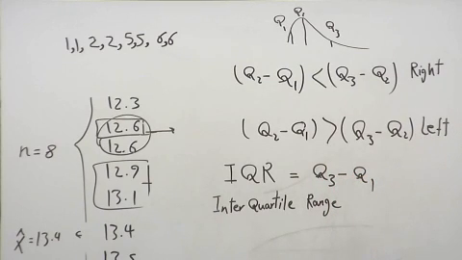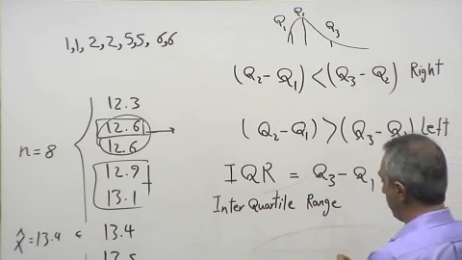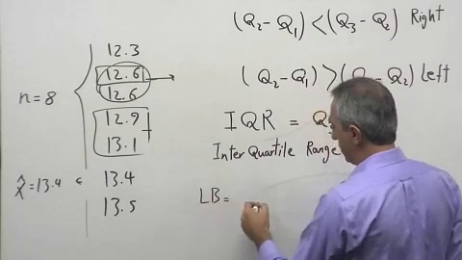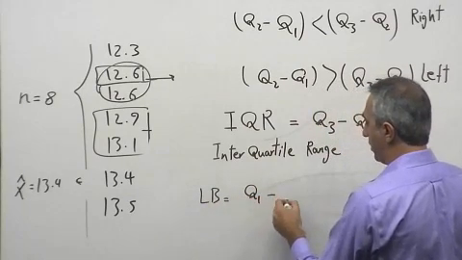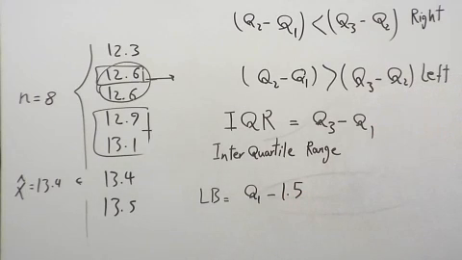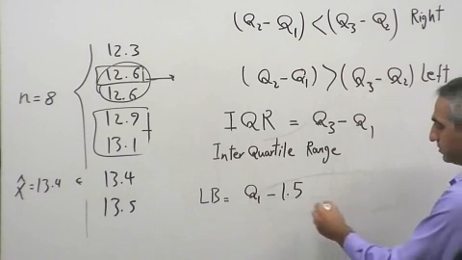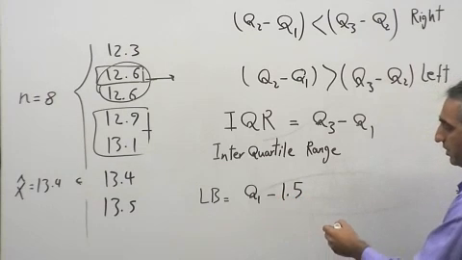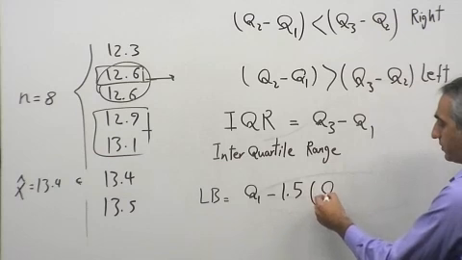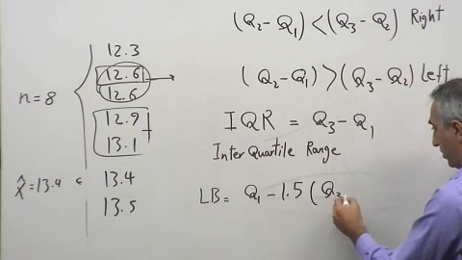Okay? And you define a range. So your lower bound for this range is Q1 minus 1.5 times IQR. Why 1.5? For a symmetric distribution that makes sense, but I don't know the reason behind it, why 1.5. The IQR is Q3 minus Q1.